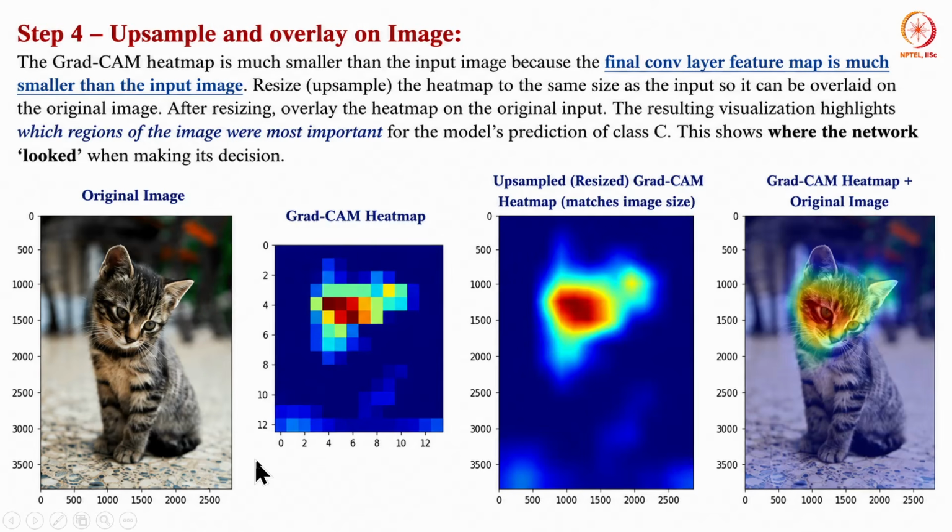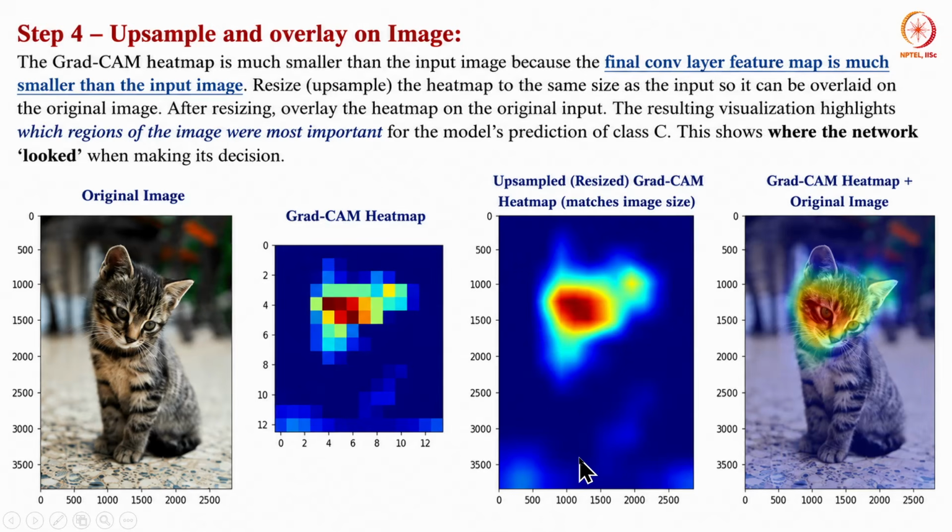Because of that, our last layer feature maps size is less compared to the original. We have to perform another operation which is called upscaling. In upscaling, we increase the size of our heat map to be the same as our image size.